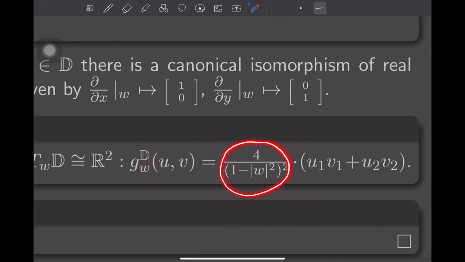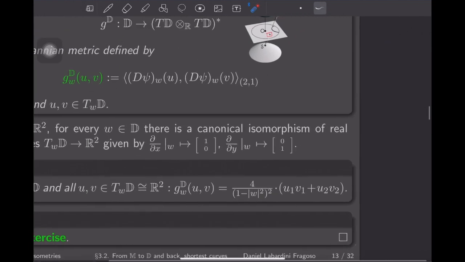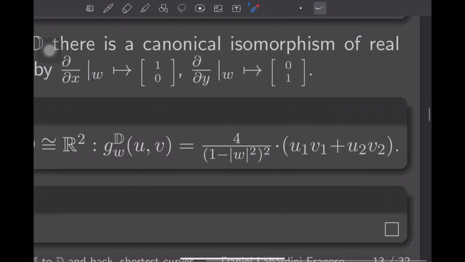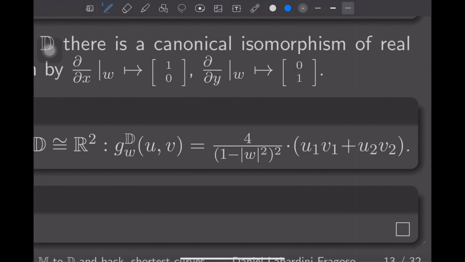So here somehow this tells you the following. Let me draw the unit disk.